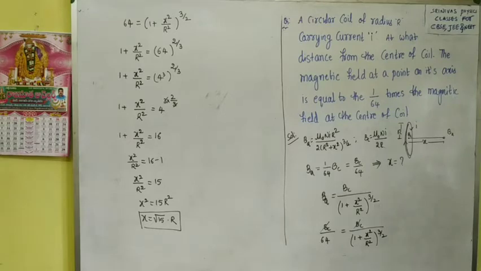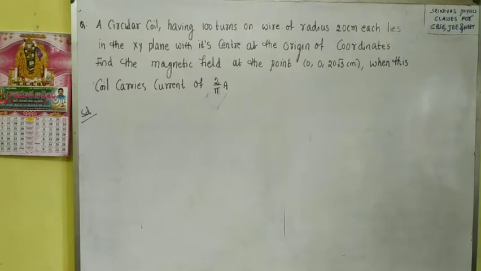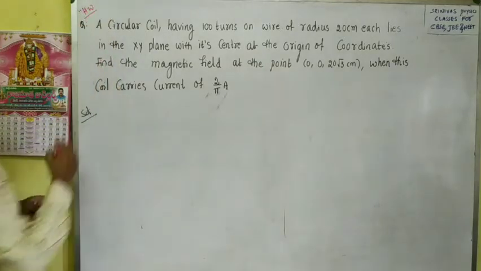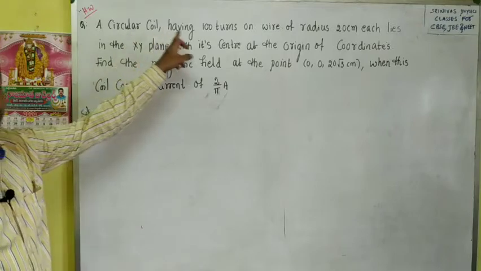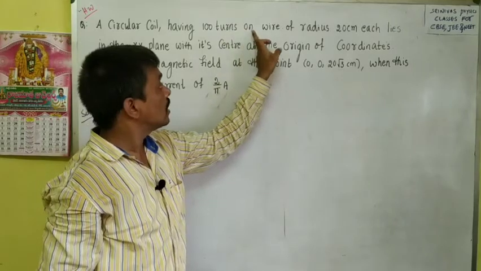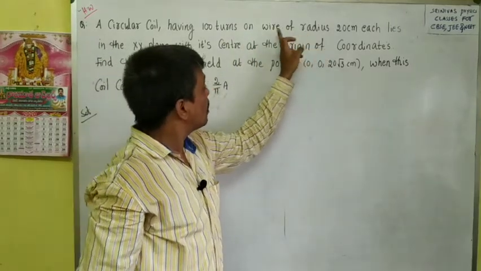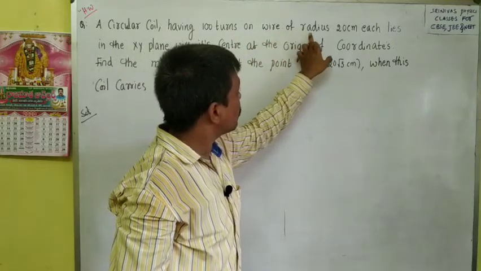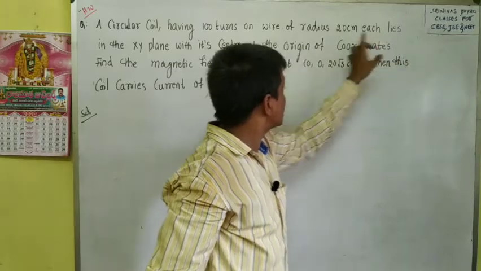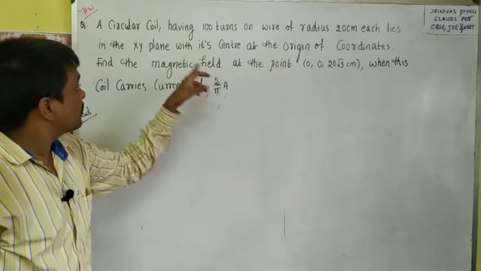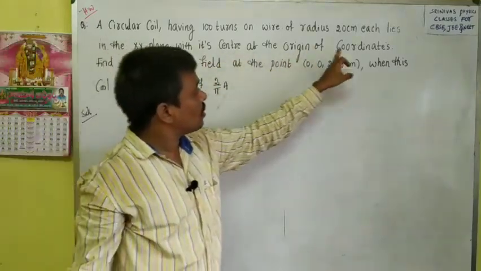I will give one homework problem after erasing the board. This is the last question, the homework question. A circular coil having 100 turns, on a wire of radius 20 centimeter, lies in the xy plane with its center at the origin of coordinates.